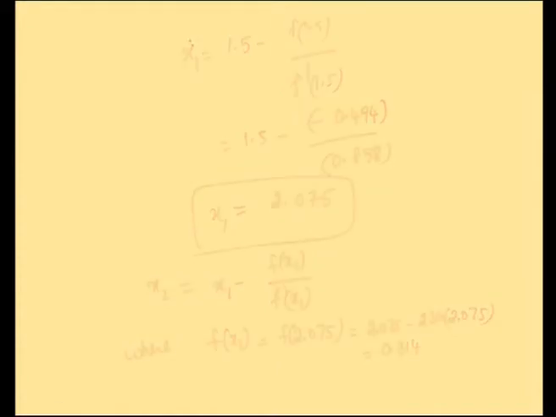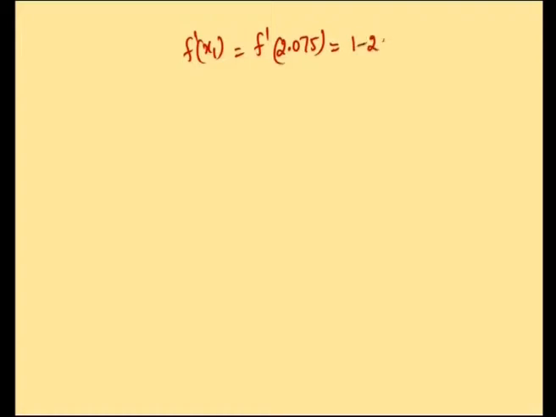and this is equal to 0.314, and f dash of x1 is f dash of 2.075, which is 1 minus 2 times cos of 2.075, equal to 1.957.